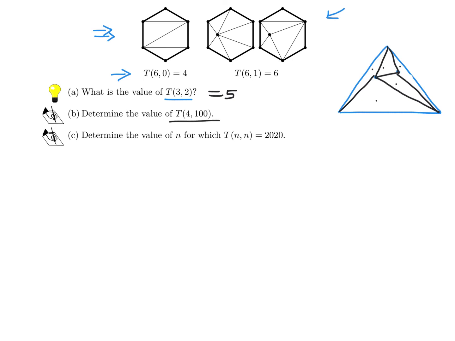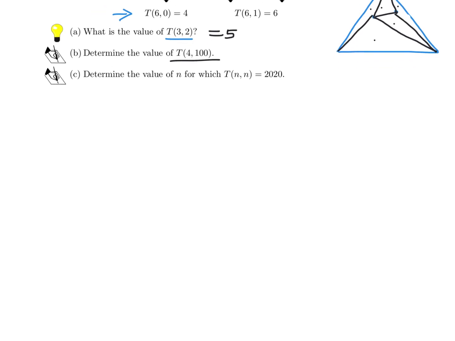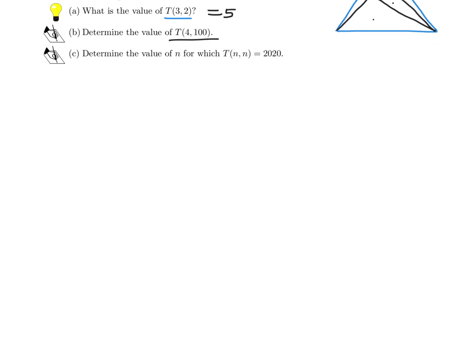Now, T4 100. Obviously this one, I'm not going to draw 100 interior points and then connect all the lines. So we've most likely got to look for some pattern. Okay, no problem. Let's first draw a 4 vertices shape, which of course is either a rectangle or a square. And then let's find what is T40.